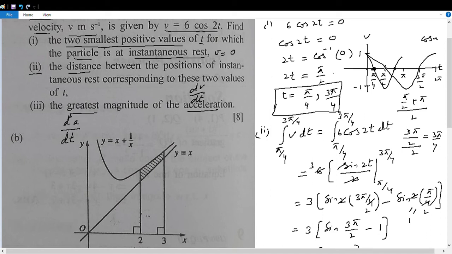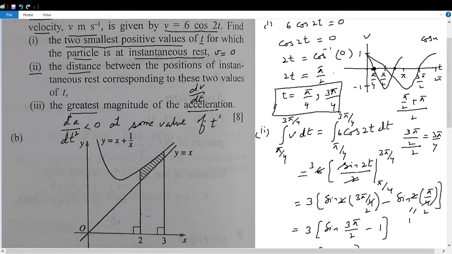So when we will have d square a over dt square, when its value is less than 0, at some value of t, then at that value of t we will actually find out the value of acceleration.